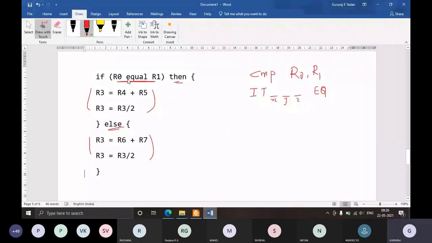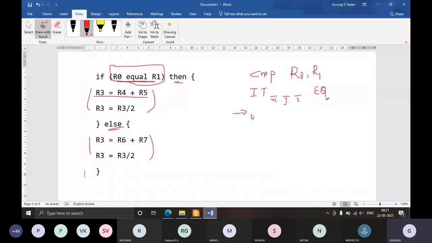Right. So the first statement after the IT instruction will always execute if this condition is true. What is the condition we are checking? R0 is equal to R1. So what is the first instruction that needs to be executed if R0 is equal to R1? You have to add R4 with R5 and store the result in R3. This is the first statement that needs to be executed if R0 is equal to R1.